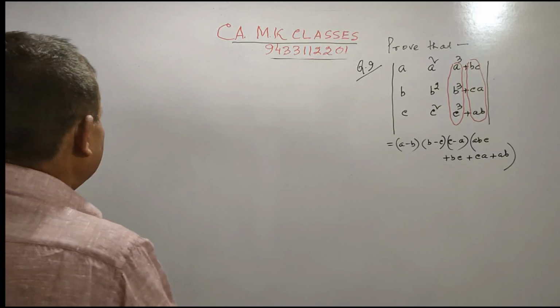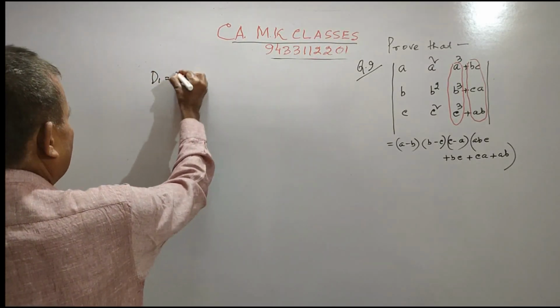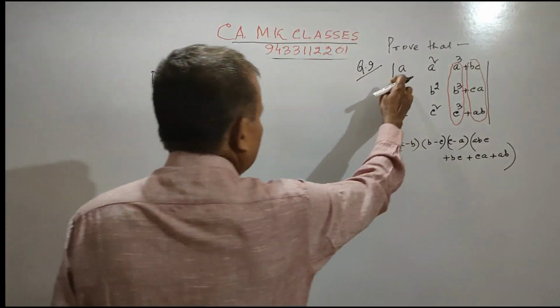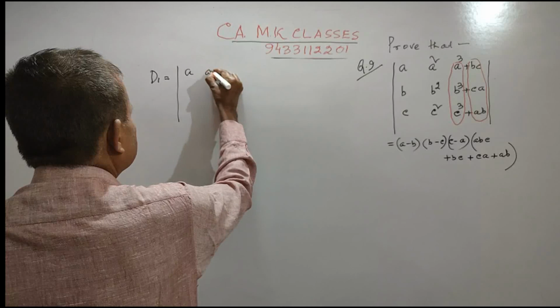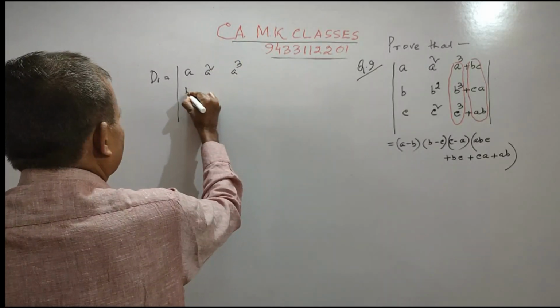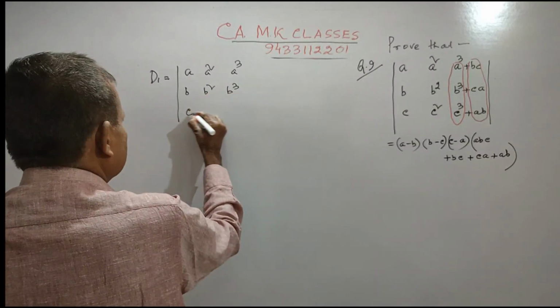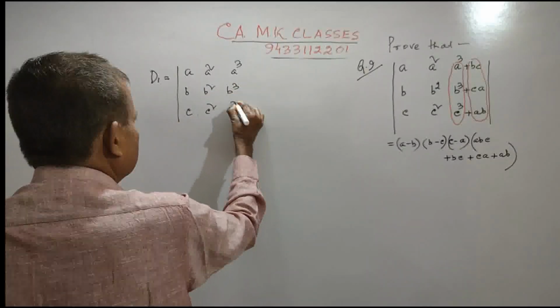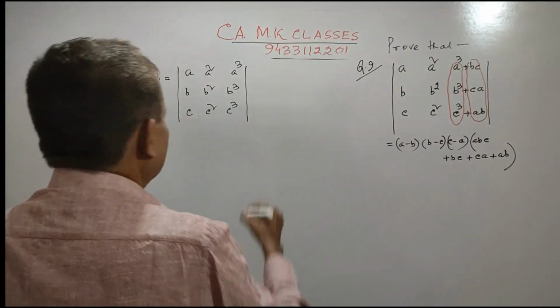So D1 is equal to the first determinant: a², aq; b², bq; c², cq.